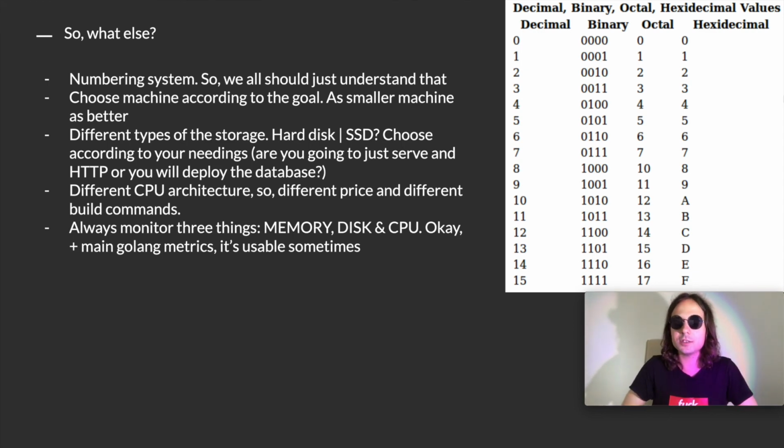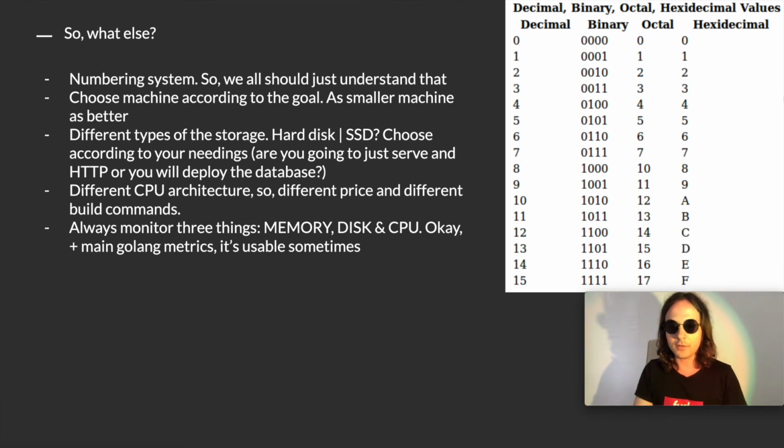Because if you need to host some kind of HTTP server on this machine, you need one kind of machine. If you need to deploy some long-term storage database, it will be another kind of machine with probably a very quick disk like SSD, okay?